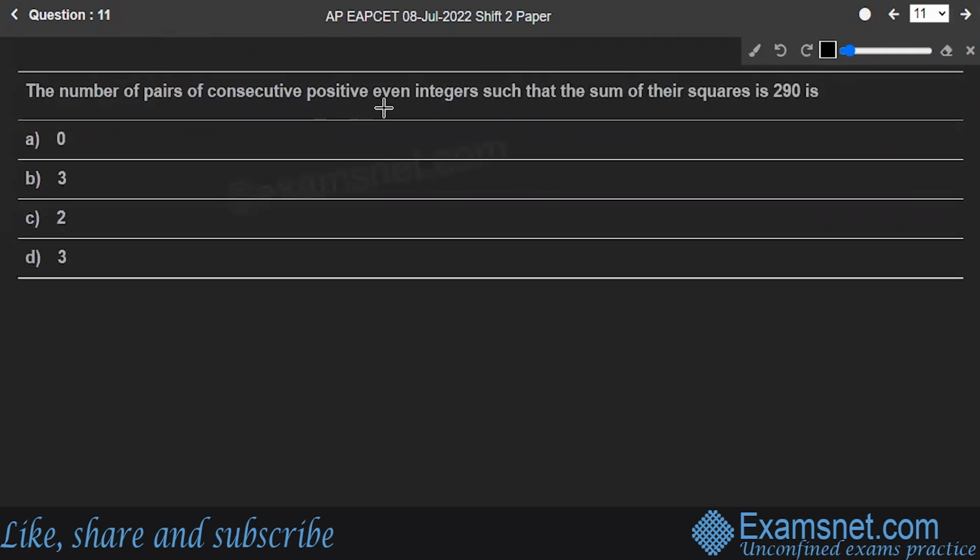The number of pairs of consecutive positive even numbers such that the sum of their squares is 290 is. So first thing, you are given pairs of consecutive positive even numbers. So let x and x plus 2 be two consecutive positive even integers.